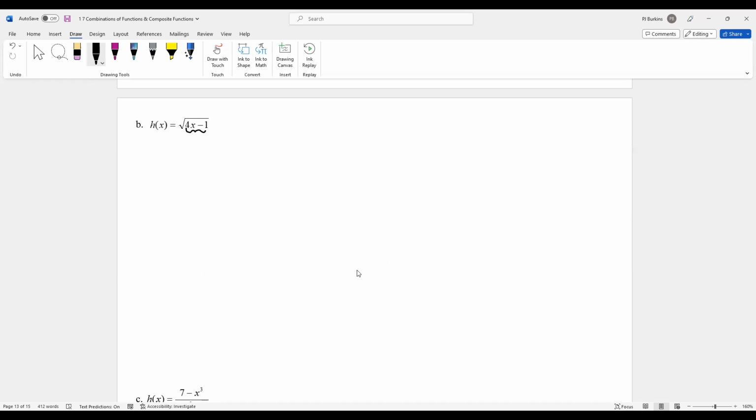So I can let g of x be everything on the inside, and then f of x be the outer function, which is the square root of just x. So again, if I did f of g of x, that would be the square root, and then we'd plug in for x 4x minus 1.